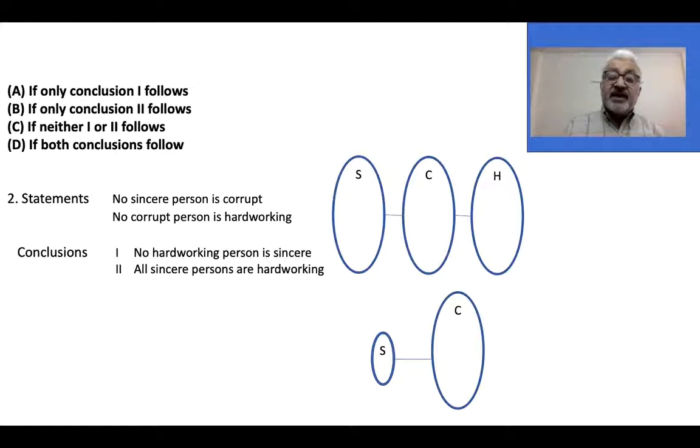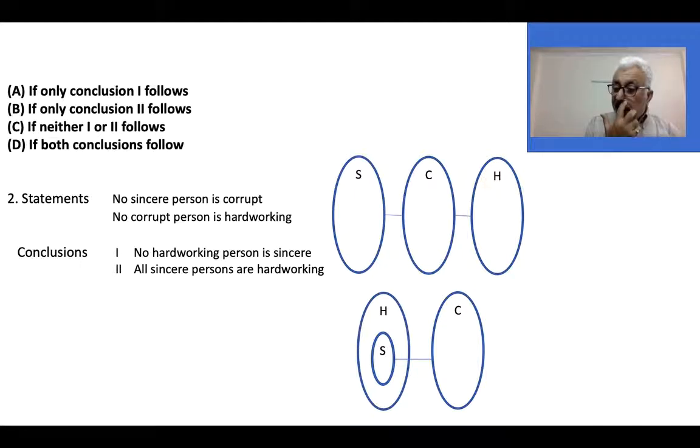Does it say anything about hardworking and sincere? No. So can I draw my diagram in such a way where I keep corrupt away from hardworking, but I engulf sincere? Here I am showing the data given to me. No sincere is corrupt. Sincere is away from corrupt. No corrupt is hardworking.